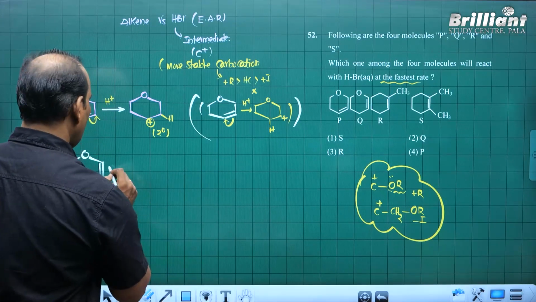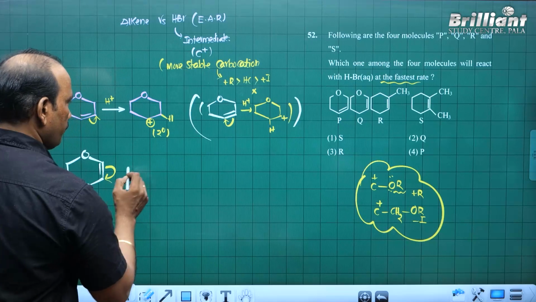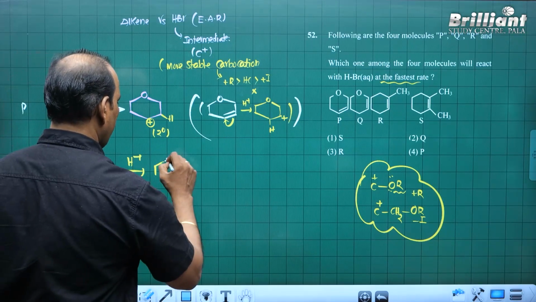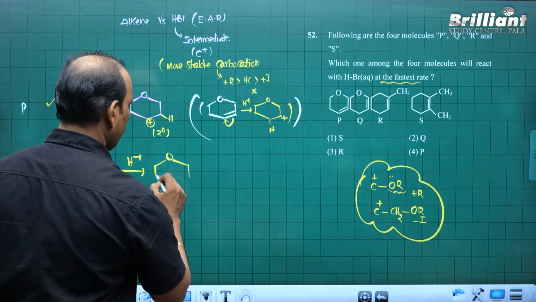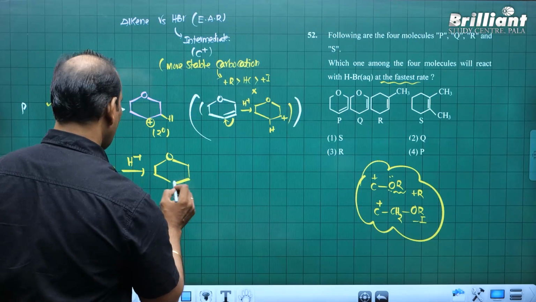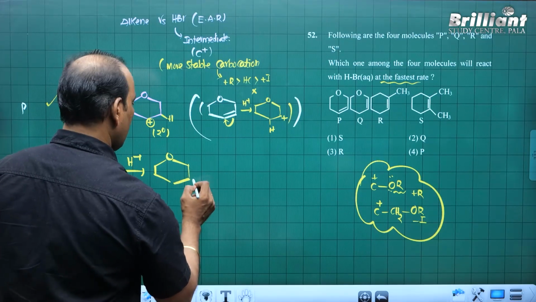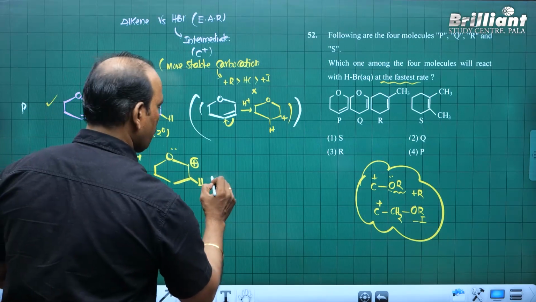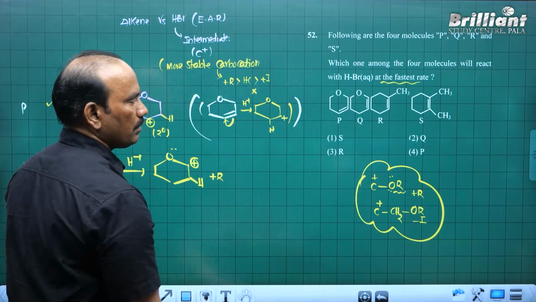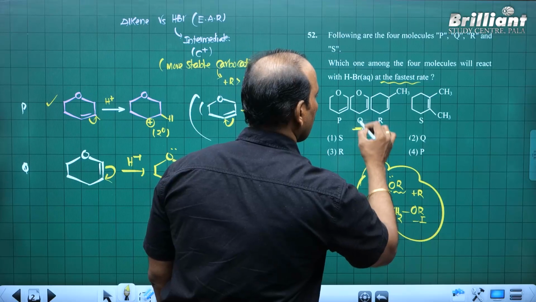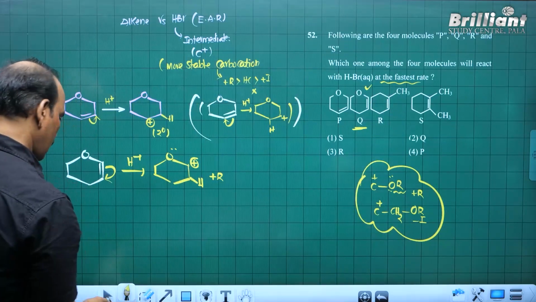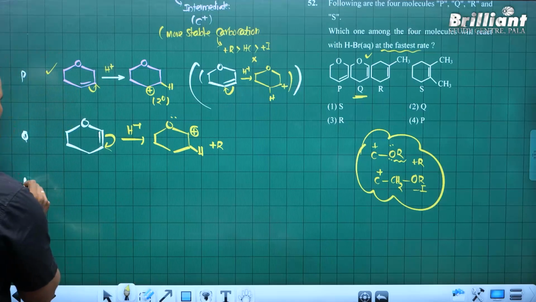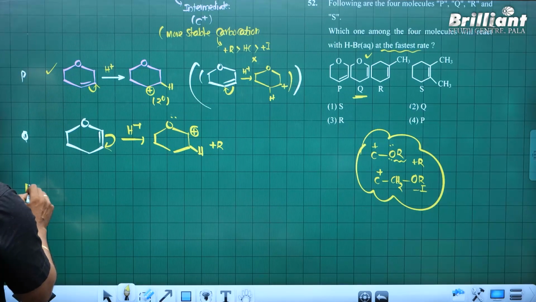Now this goes to this side, here H plus, here minus and hydrogen, here plus is there. Here is a plus R effect, extremely stable. That's why this is the option. Now we go to the R.